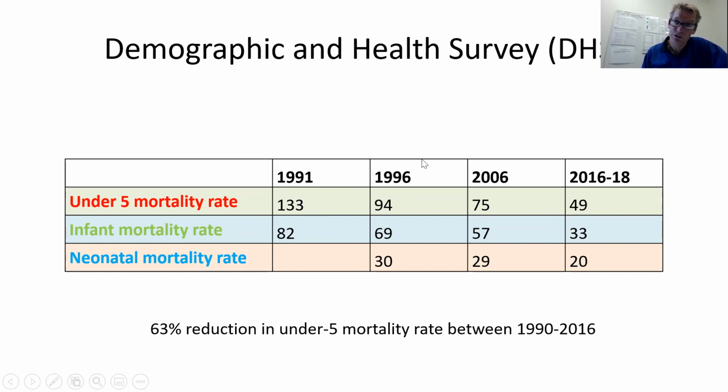They're not just extrapolations or mathematical modeling, they're actual real data that was collected in the field. So I think we can have confidence now that the child mortality rate is 49 per 1,000 live births, the infant mortality rate is 33 per 1,000 live births, and the neonatal mortality rate is 20 per 1,000 live births. As I say, we can be encouraged by that.